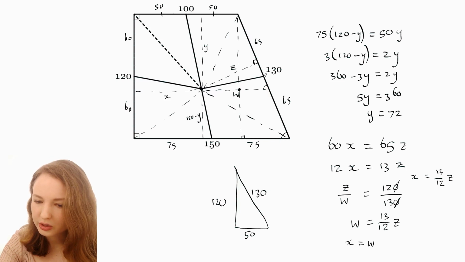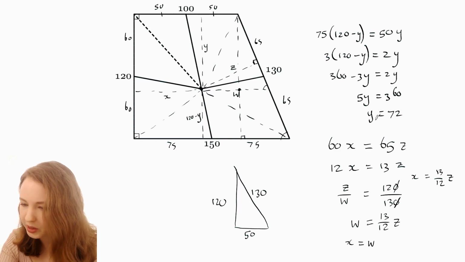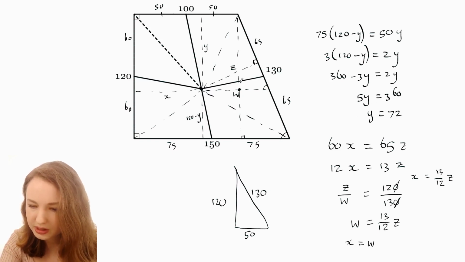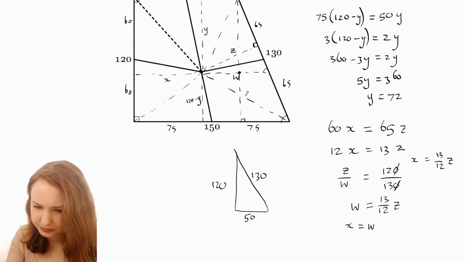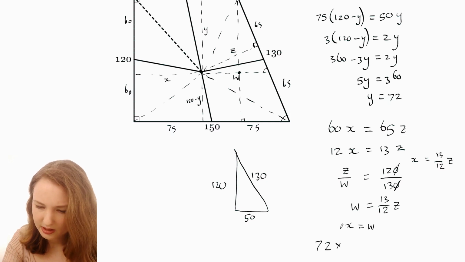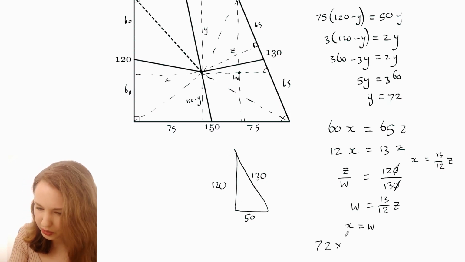And this triangle is similar to this one again. And we know the height of that one because that's y, which we worked out before. That's 72. So that one will be 72 times the 50 on 120.